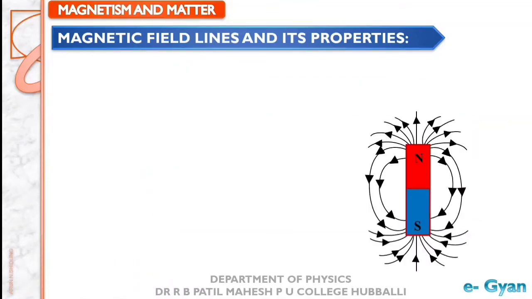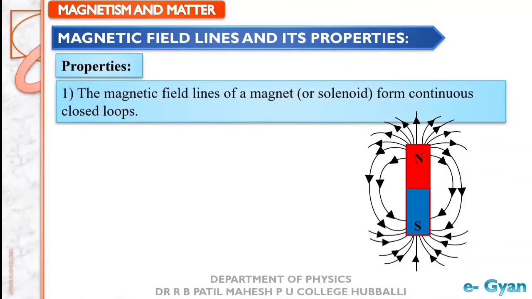Moving ahead, let us have a look at the properties of magnetic field lines. Magnetic field lines of a magnet form continuous closed loops. That means they do not end or start at any place. They are continuous.